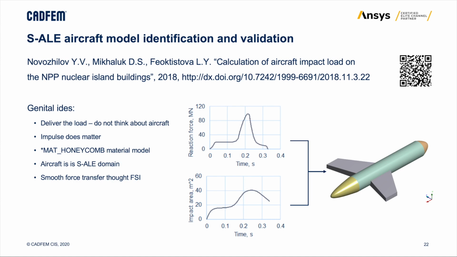We use a mud honeycomb material to simulate the aircraft as an ideally plastic compressible rod. To describe this type of deformation, we simulate the aircraft as an ALE body, and this body then transfers the impact load through FSI.